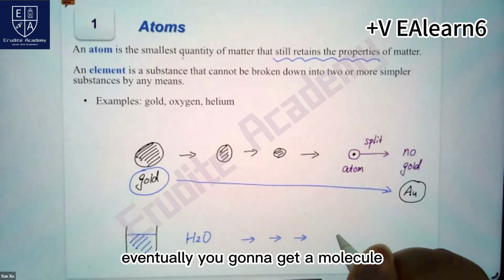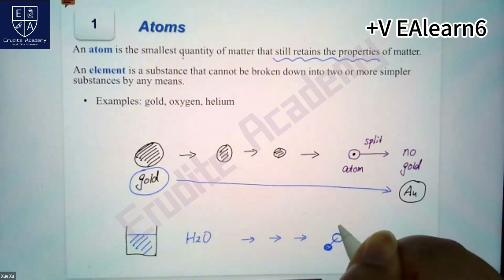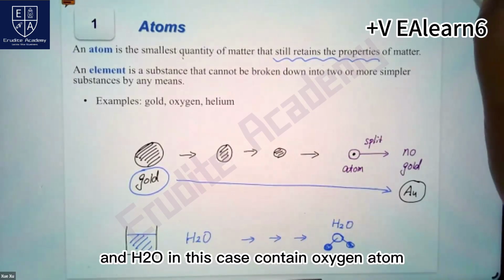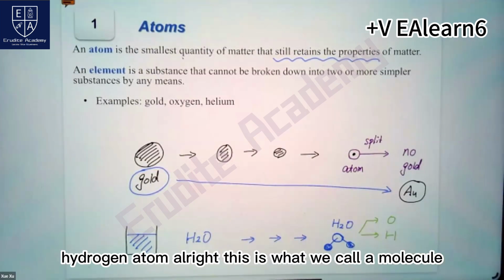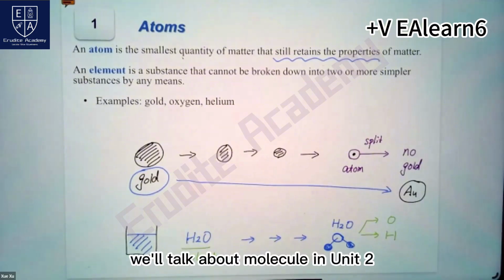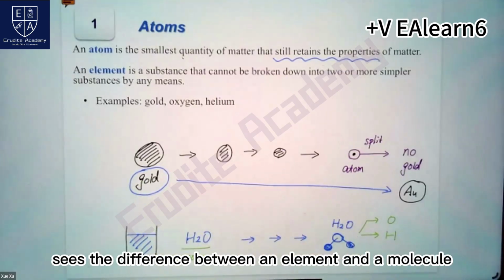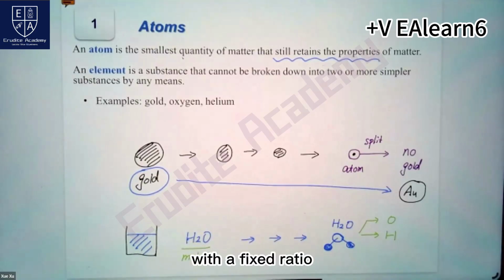Eventually, you're going to get a molecule that contains an oxygen atom and 2 hydrogen atoms. And that's what H2O means, okay? In this case, H2O contains an oxygen atom and hydrogen atoms. This is what we call a molecule. We'll talk about molecules in Unit 2, but I want to make sure everybody sees the difference between an element and a molecule. A molecule contains more than one type of element with a fixed ratio.